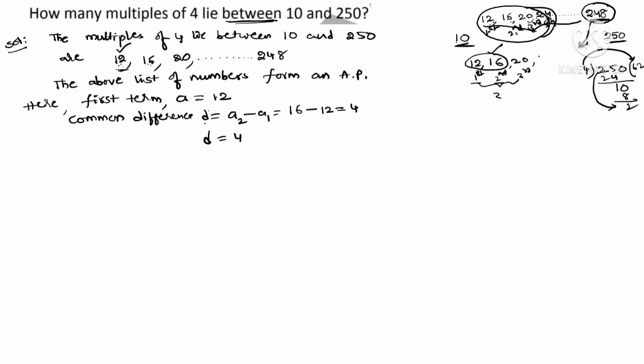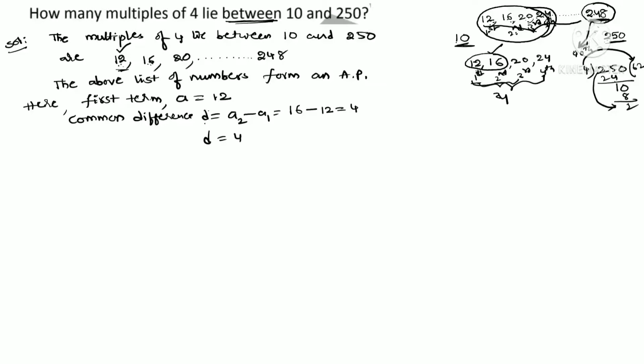One more term if I add 24, then the fourth term. If I add 12 to 24, how many terms are there? You can tell that 4 terms are there. Same way, suppose in general I am speaking, suppose it is the 40th term, then what can you say? How many multiples of 4 are there between 10 and 250? 40. So that is the way.